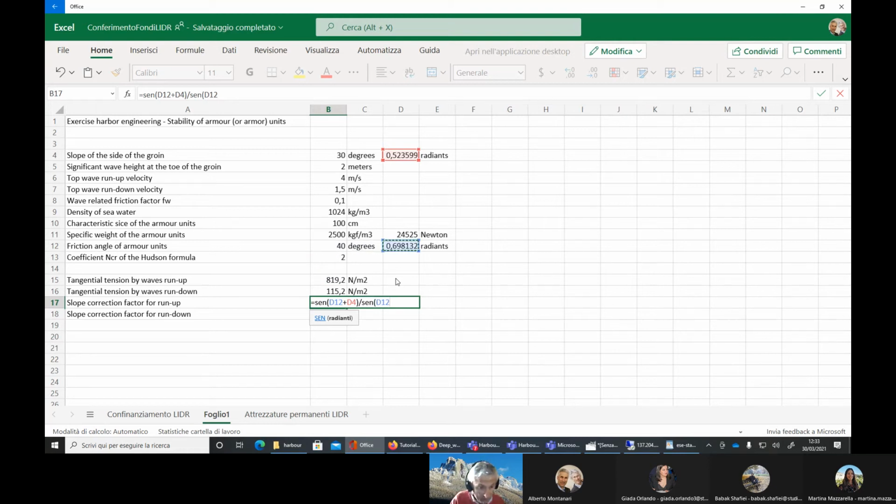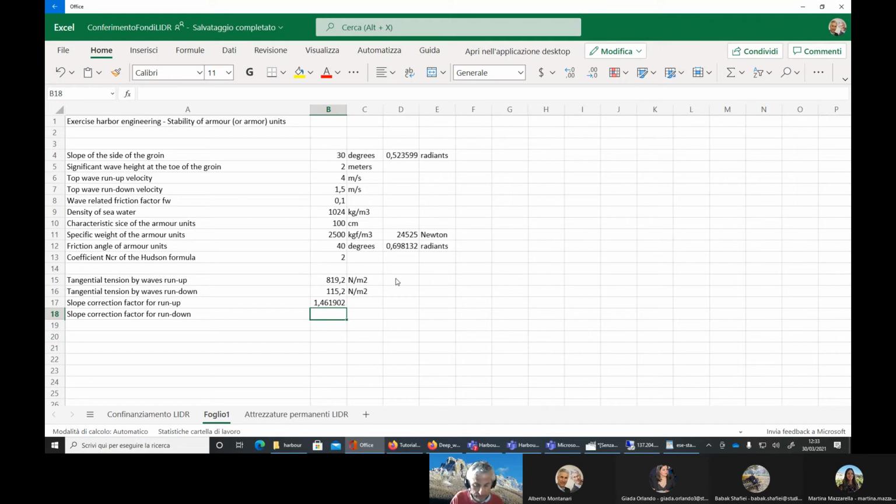Actually, I don't remember. I think for the run up, I should put here a minus. So let's see. No, it's not a minus, because it's stabilizing in the run up. It's a plus. Okay, I think this is correct.